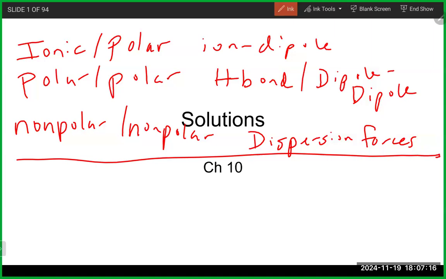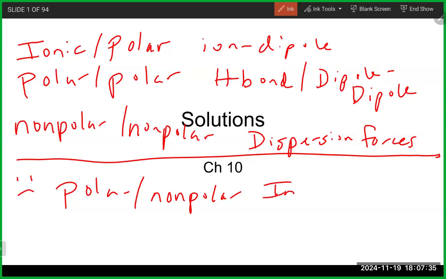You're good to go if you've got ionic and polar, polar and polar, non-polar and non-polar. You're only in trouble, bad news, if you cross over between polar and non-polar. As we just saw with the carbon tetrachloride and water, they're not going to be soluble in each other, again because they are using very different types of intermolecular forces. Any questions on that there?